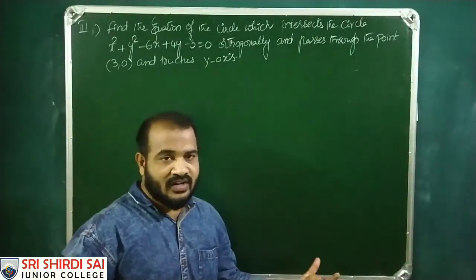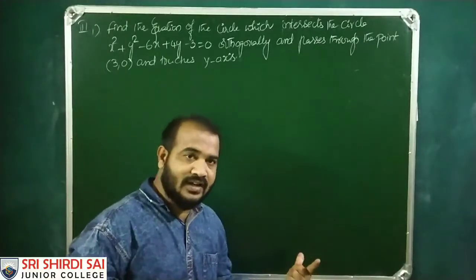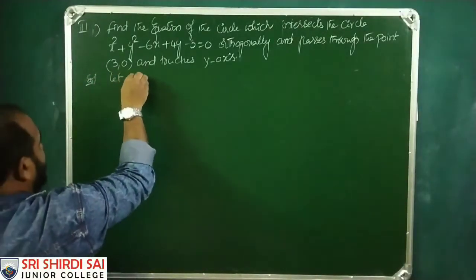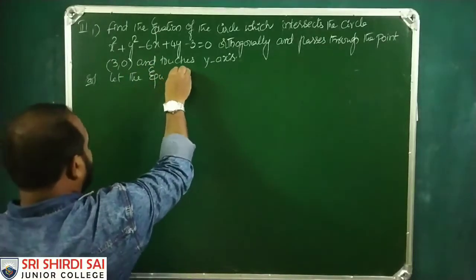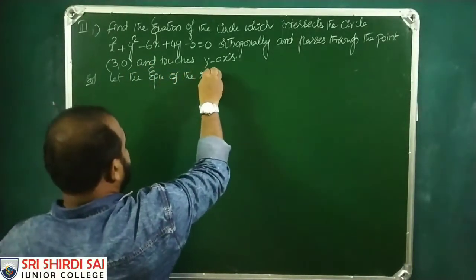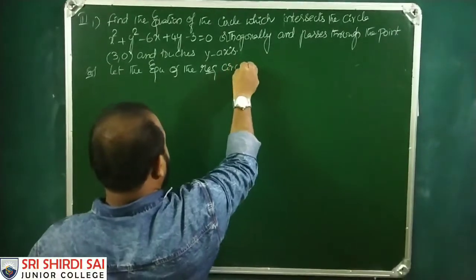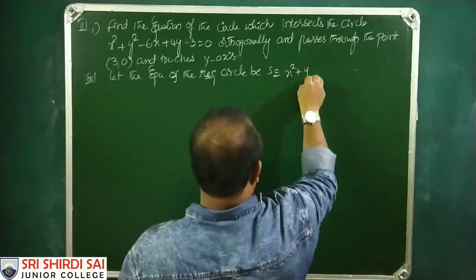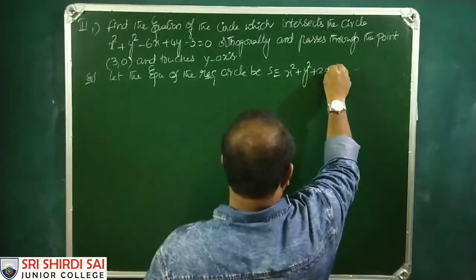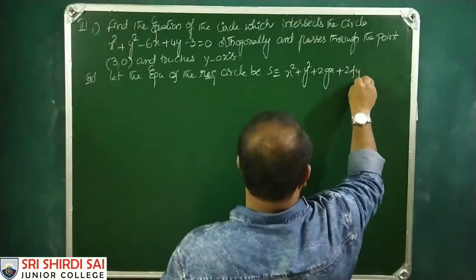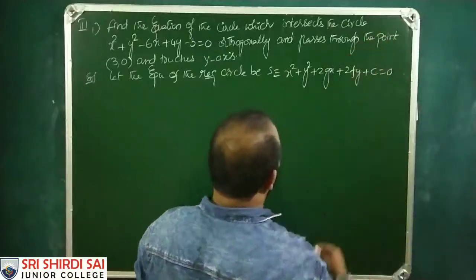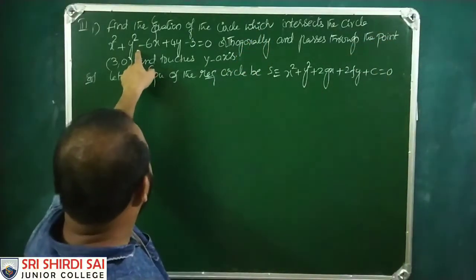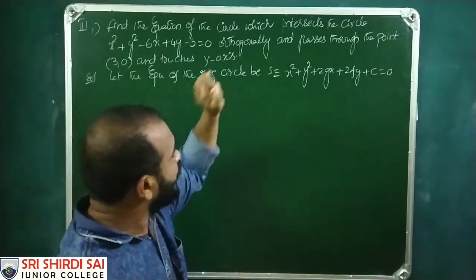Let the equation of the required circle be S: x square plus y square plus 2gx plus 2fy plus c equals 0. This circle cuts the given circle orthogonally.